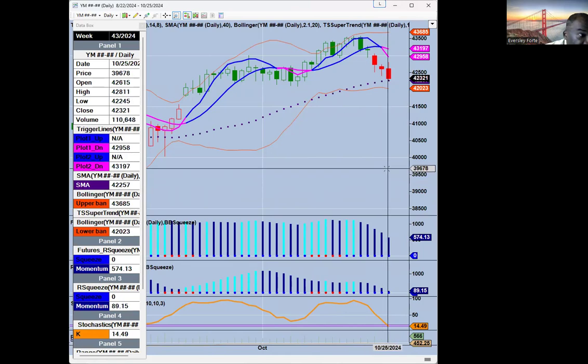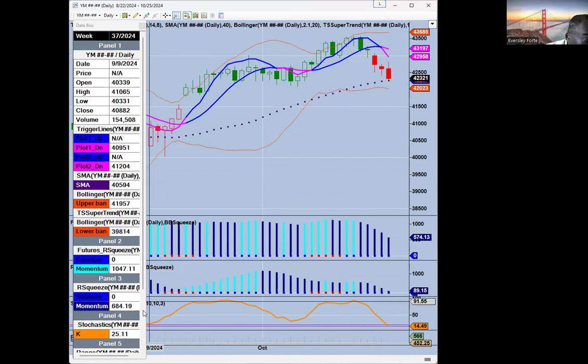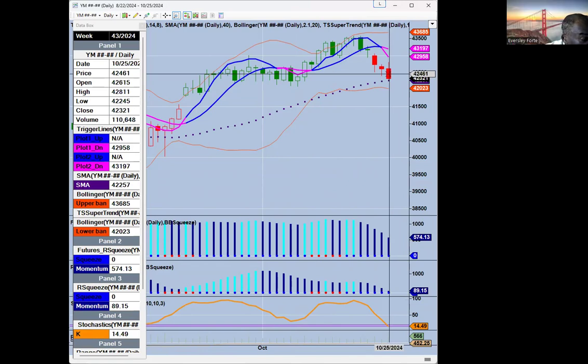This would have been a sell on the plan because it goes below this level. But if you take a look at the stochastics value down here, it's too low. That's part of the trade criteria. The stochastics value has to be above a higher level.